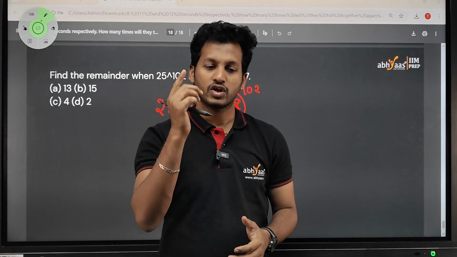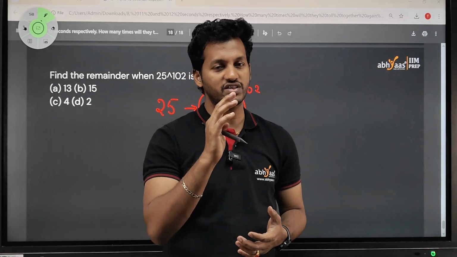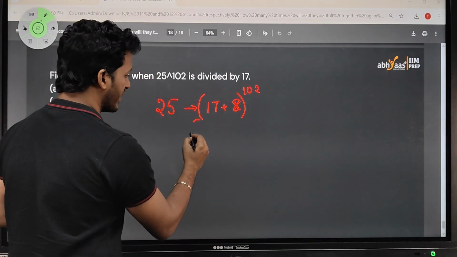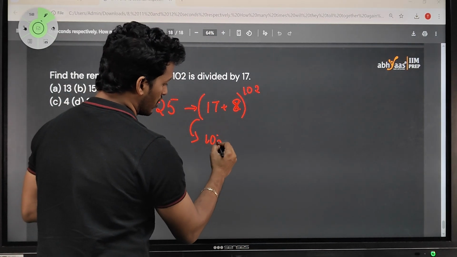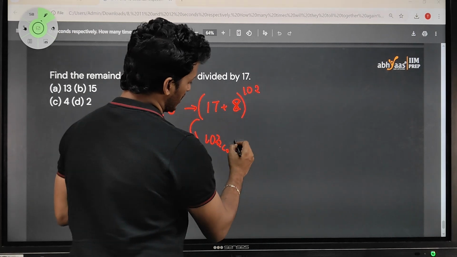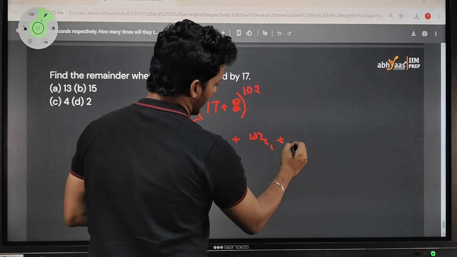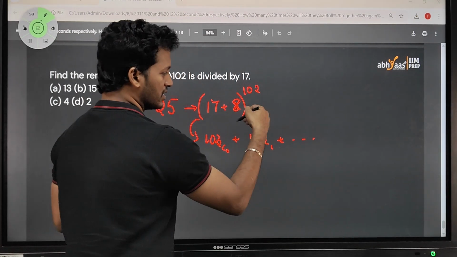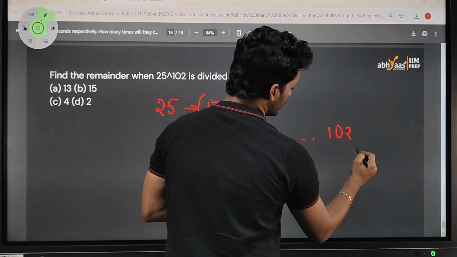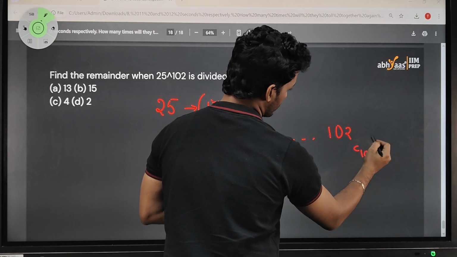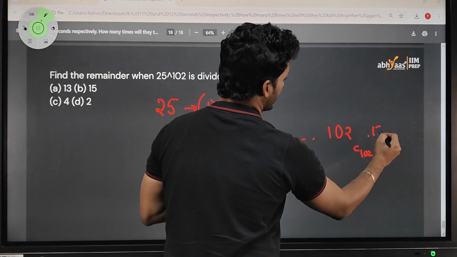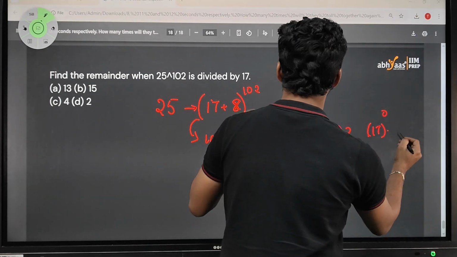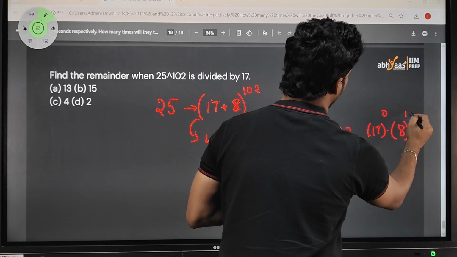That means the value is 1. So only one term will be left which doesn't have the value 17. That means if I express this whole thing as 102 c naught plus 102 c1 and so on, if this is taken as a, the last term will be 102 c 102 into 17 power (102 minus 102), that is 17 power 0, into 8 power 102.